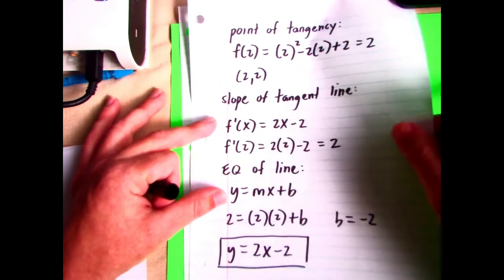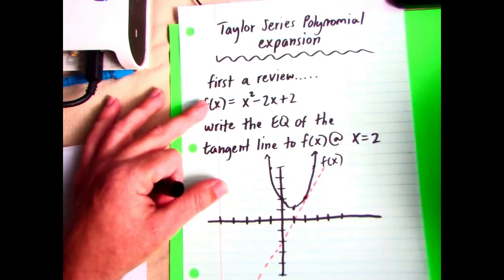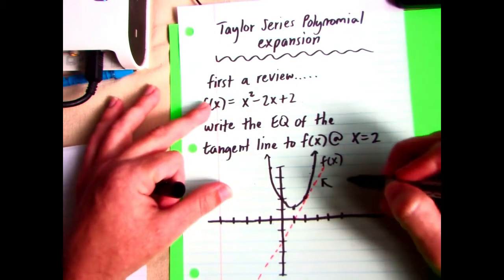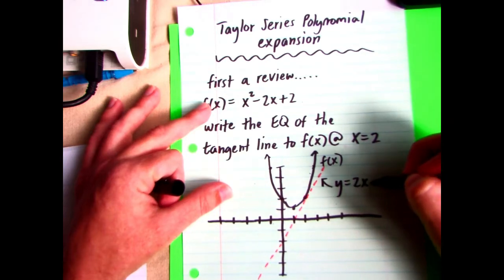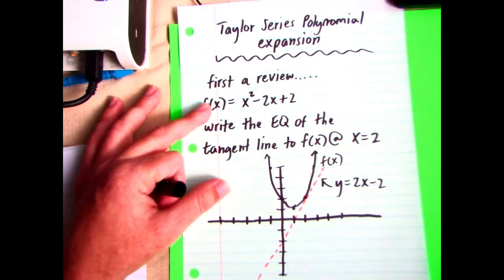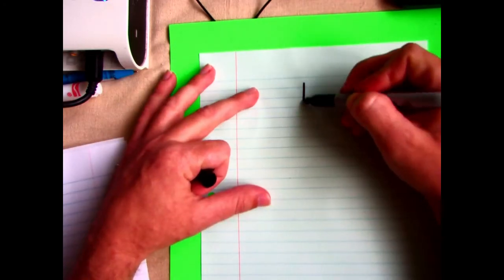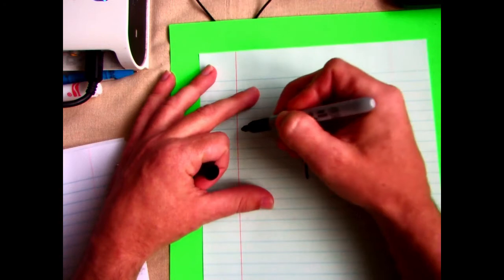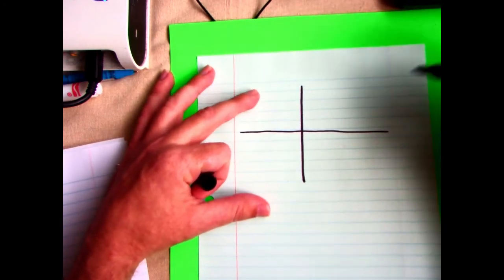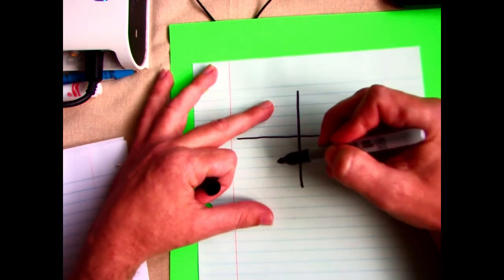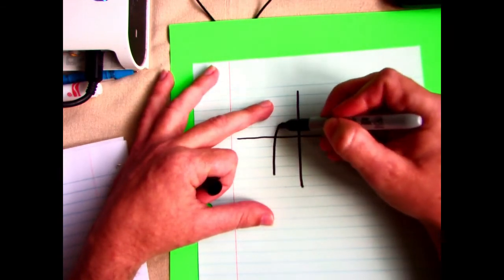Looking back at my graph, the equation of this line is y equals 2x minus 2. Why I had you do that is basically the idea behind a Taylor polynomial. You're trying to create a polynomial that is an approximation to the curve around the point of tangency.